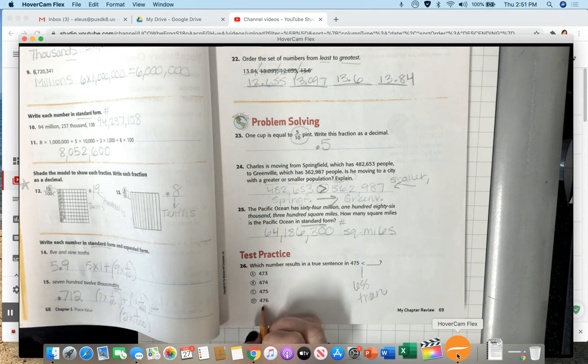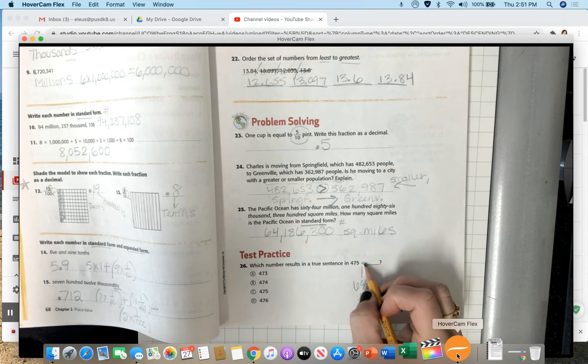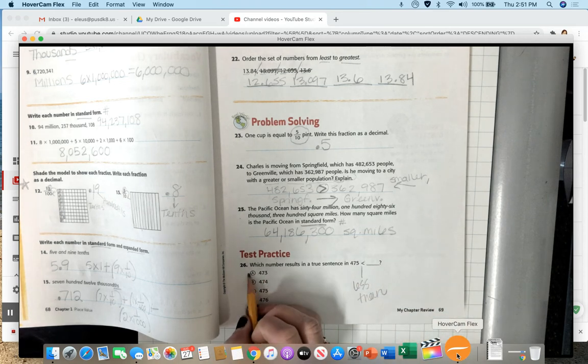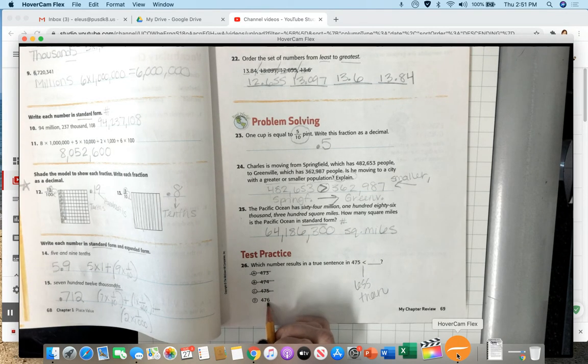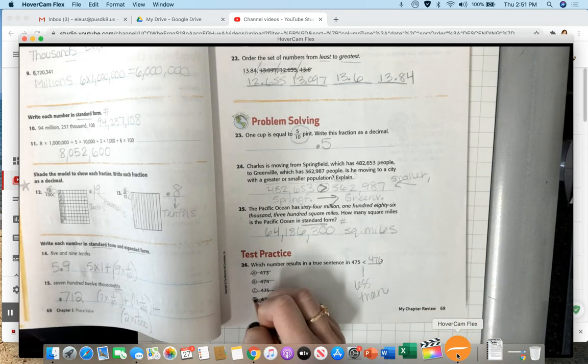I need a number over here that's going to be bigger than this one, because notice the alligator mouth is pointing here. So which number should go here to make this true? Well, 473 is smaller, 474 is smaller, 475 is equal, and 476 is bigger. So 476 would make this sentence true. So our answer is D.